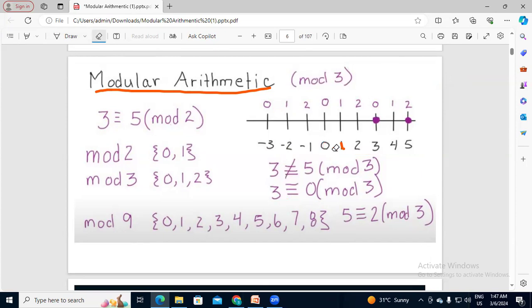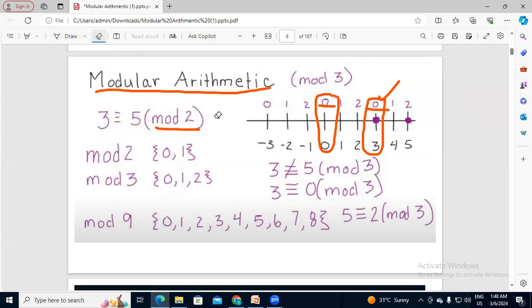Which two numbers for the modulus 3 operator are congruent? 0 mod 3 and 3 mod 3 give the same result, that is 0. So can we say that the number 0 is congruent to 3 mod 3? Yes. Then if you do the same thing for the modulus 2 operator, we can say that the number 3 is congruent to 5 mod 2.